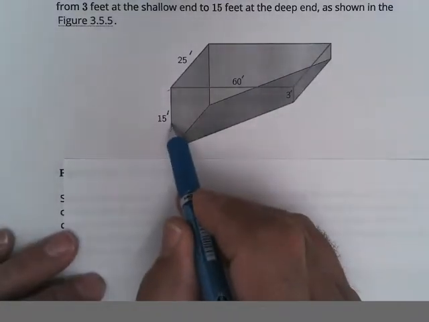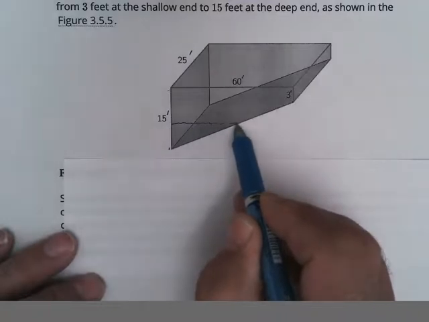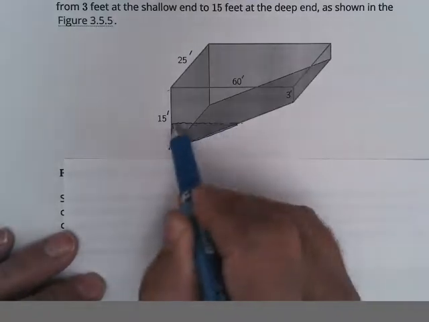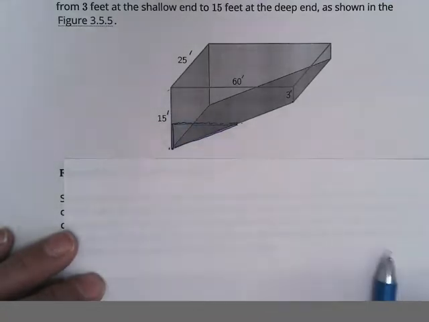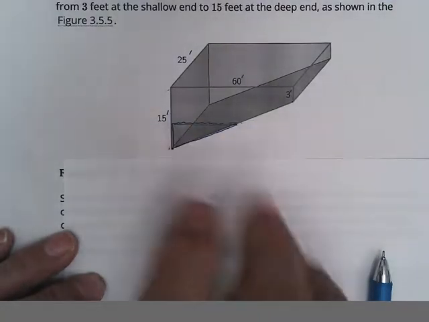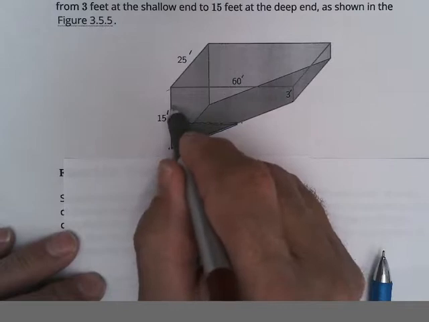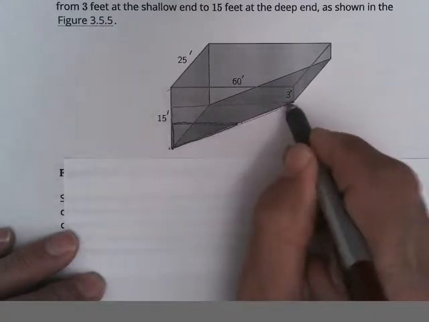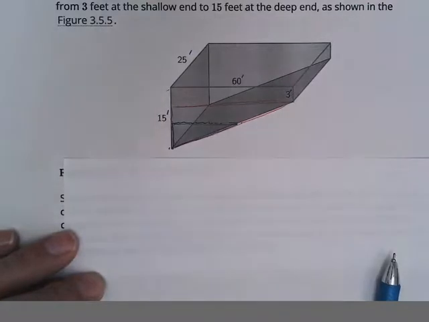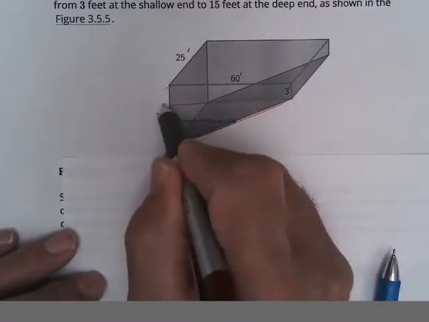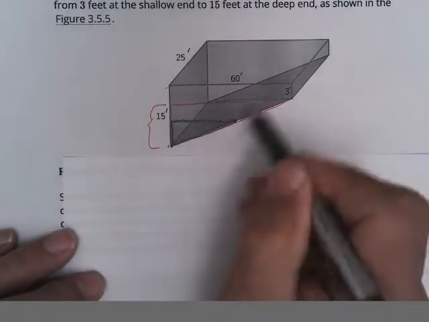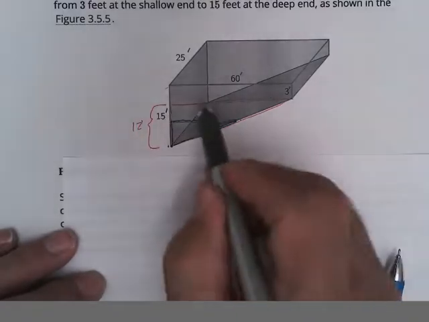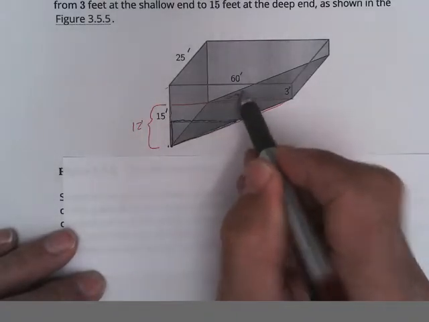And I presume they're putting water in this. So I see a triangle on this end, and I see a triangle that matches here. Where on this red, the triangle would be 3 less than 15 or 12 feet, and this side is 60 feet.